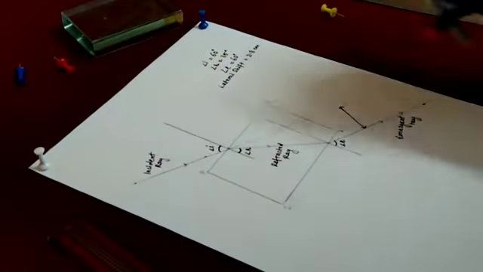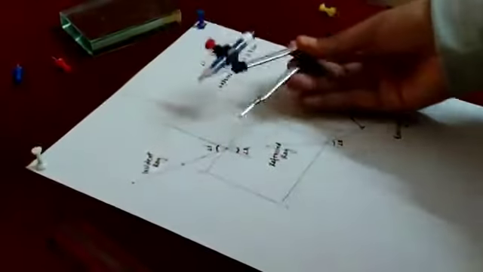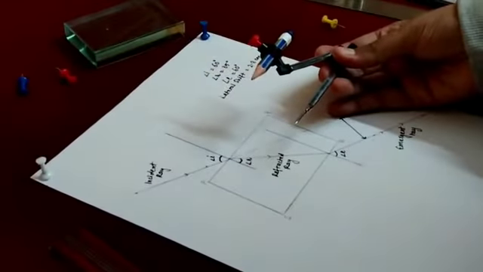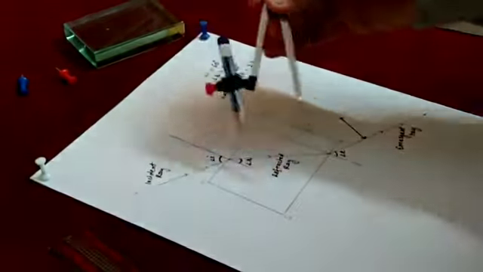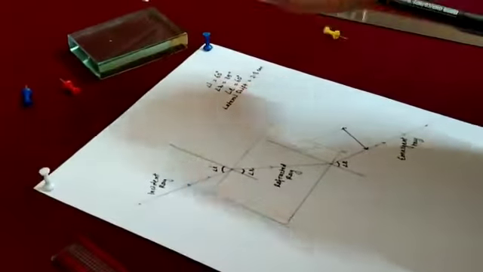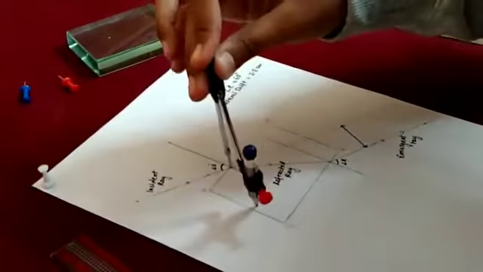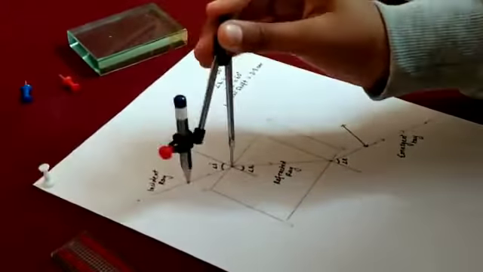For that, I am taking this compass and I've opened it to a distance of 4 centimeter so that I get quite a bigger circle and quite a bigger triangle as well. So this is a radius of 4 centimeter and I'll draw a circle.